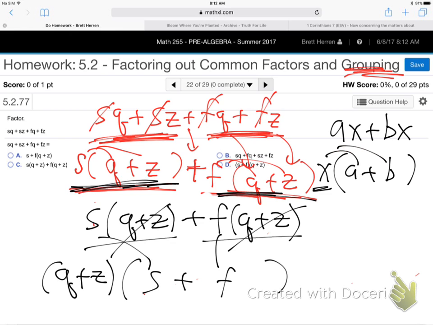Does that make sense? It's the same kind of thing, right? Even though this is X and 1, it's still just 1 here, huh? Because why? Because that 1 could go back to both. That's called distribution, right? Same way this 1, Q plus Z, could go back to S and back to F, and we'd be right back here, huh? So yeah, you don't add the powers there. Exactly right. You're just taking out what's in common. Good? Let's try another.